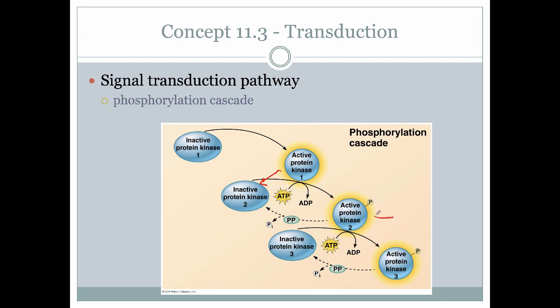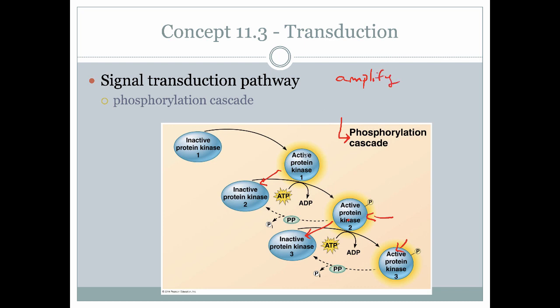Now we've got another active protein kinase. Well, this protein kinase will then phosphorylate another protein kinase, and now you've got another active protein kinase. So what's important to understand about what's called a phosphorylation cascade is you're getting two things. You're getting amplification, so amplify.